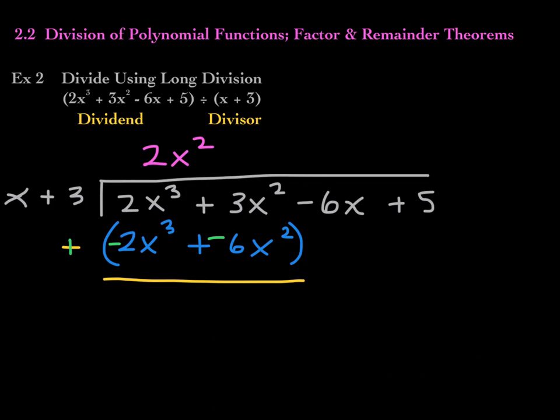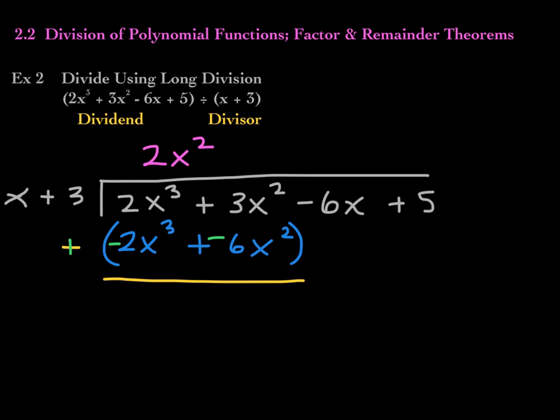Now, something tells me I'm on the right track because 2x cubed plus negative 2x cubed gives me 0x cubed, so this is 0. That should happen each time. While 3x squared plus negative 6x squared is negative 3x squared.